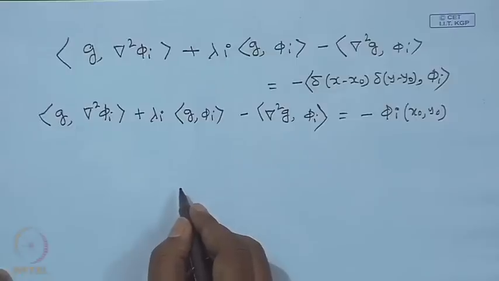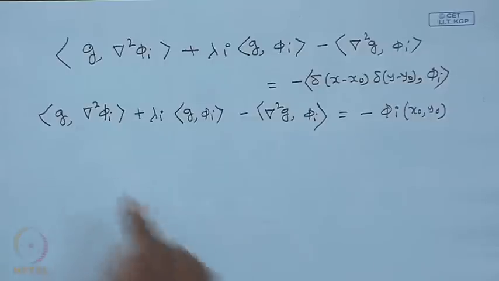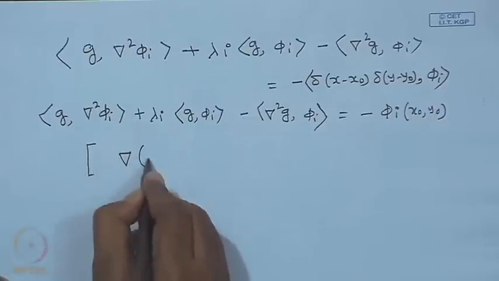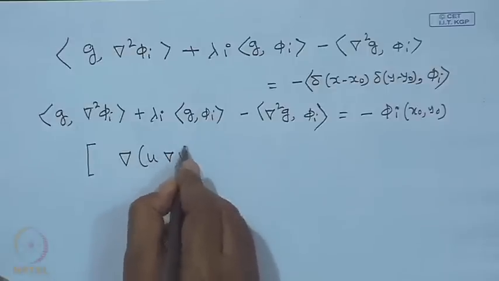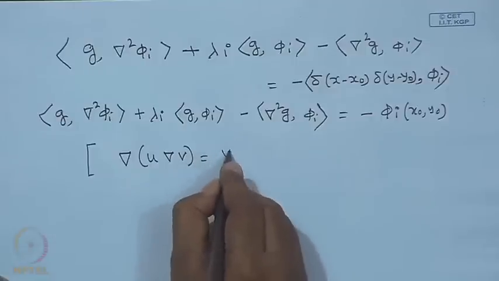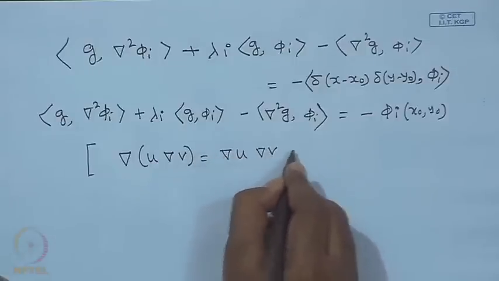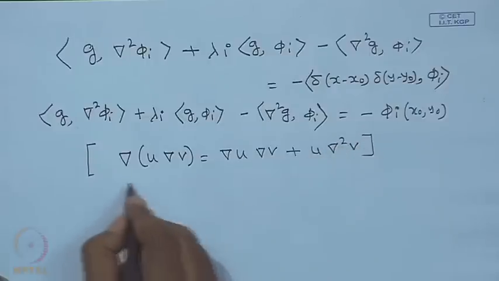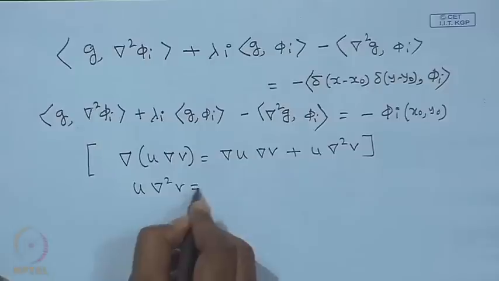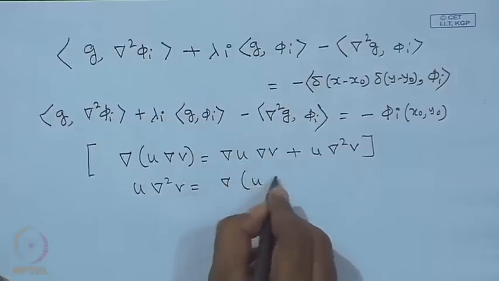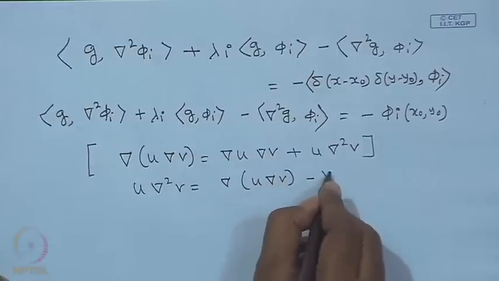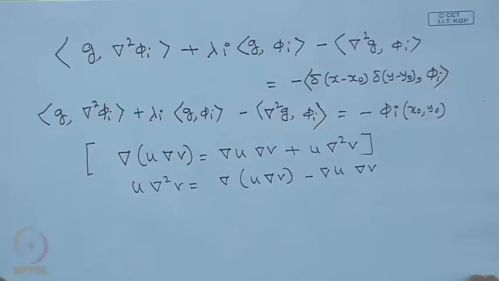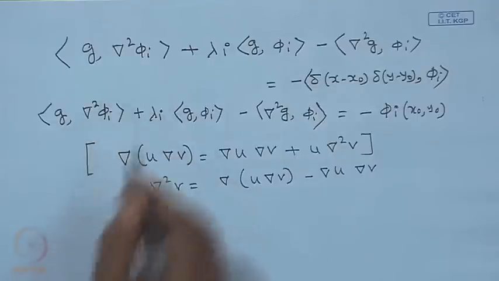Okay. So, then we utilize the identity. The identity is grad of u grad v is nothing but grad of u dot grad of v plus u grad square v. So, u grad square v is nothing but grad of u grad v minus grad of u dot grad of v. We utilize this identity and see what we get out of these terms.